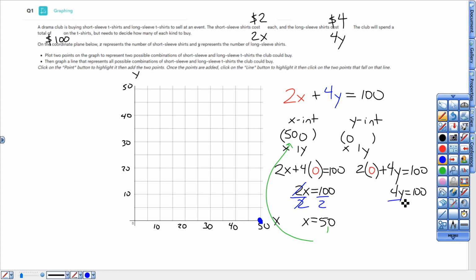Divide by 4, and I believe that gives me 25. Make sure you take that and plug it in. And then I'm going to have you graph that on your y-axis. Draw your line through them.